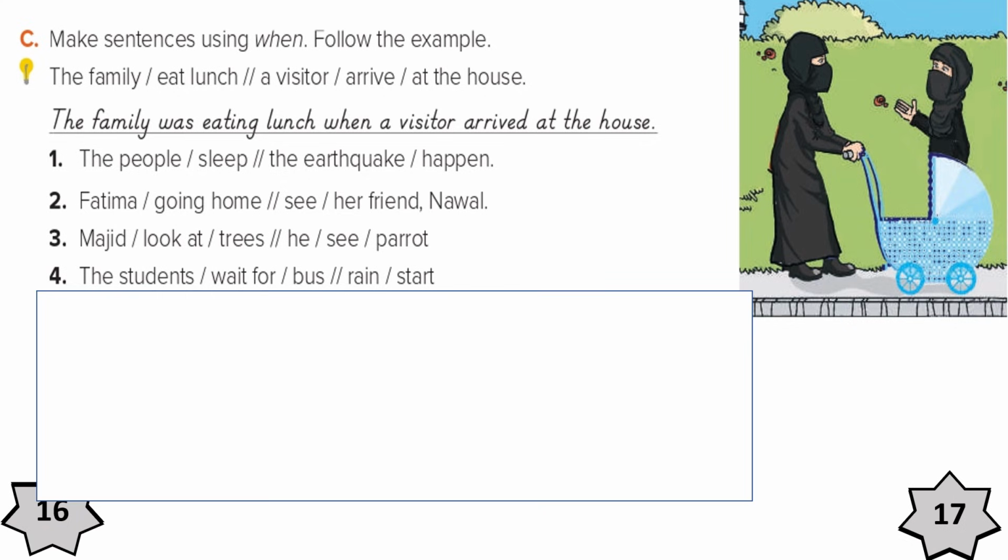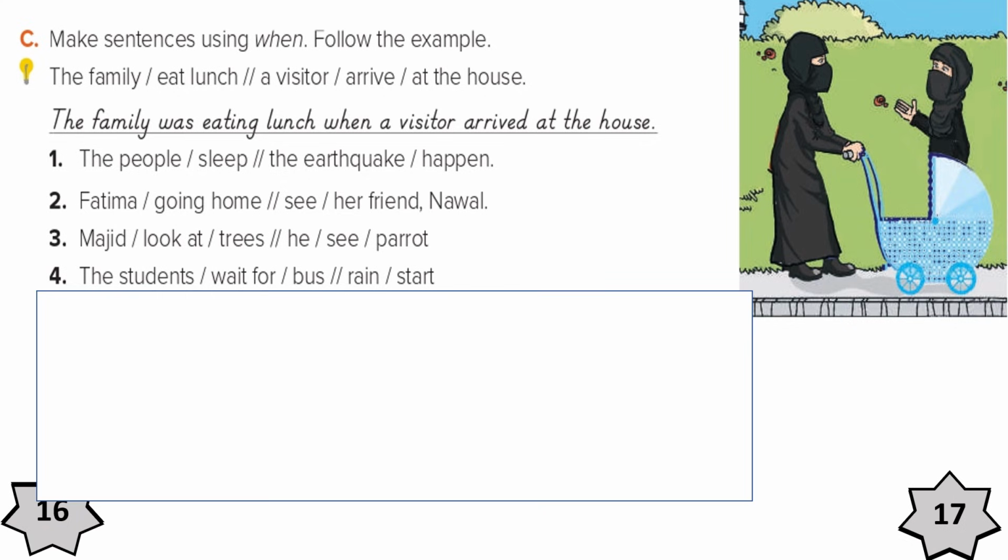The family was eating lunch when a visitor arrived at the house. Eating lunch is continuous with ing. Arrived is in the past and happened during their meal.